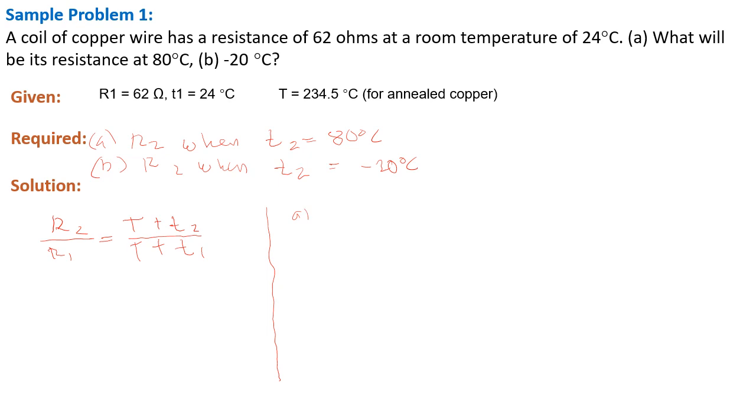So, for letter A, of course, we'll use that formula. So, we have R2 right here is equal to R1. Of course, multiply R1. So, your R1 is 62 ohms.